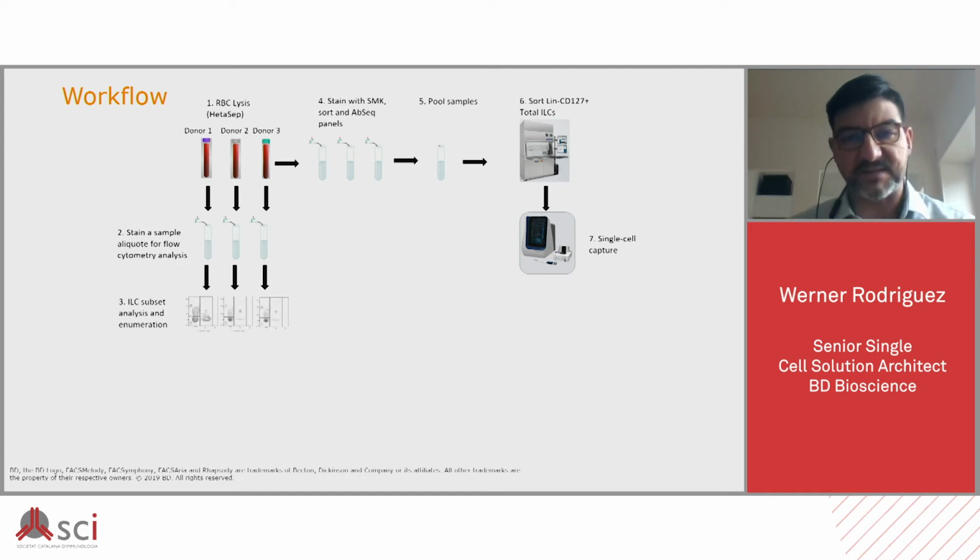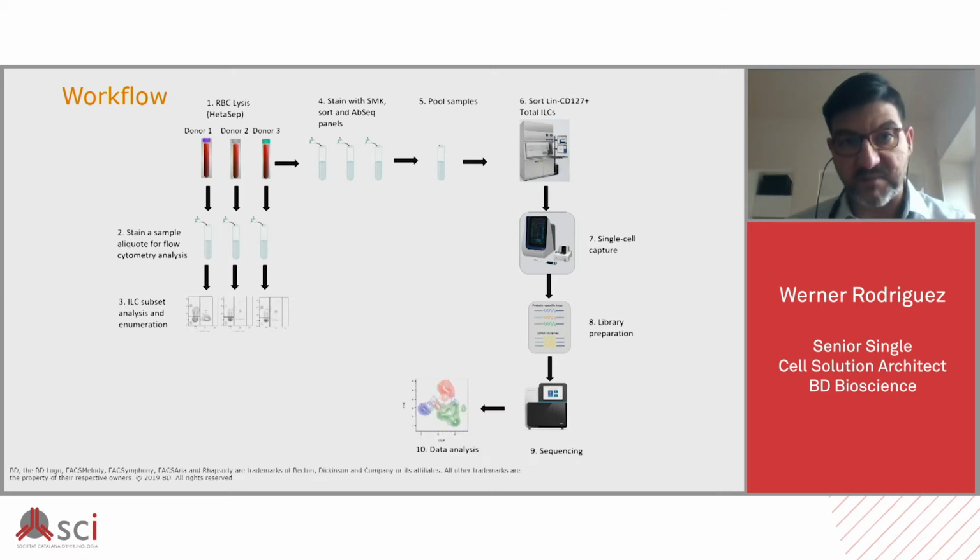And this allows us to prepare a library that has been read on a sequencer, in this case Illumina sequencing technology, and this multidimensional data has been analyzed in a pipeline called Seven Bridges, and then reanalyzed as a second round of analysis in SeqGeq software that allows us to dig into this data and to combine a very multimodal and multiparametric analysis, again, for protein and gene expression data.